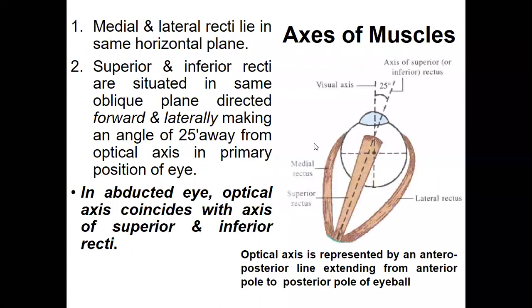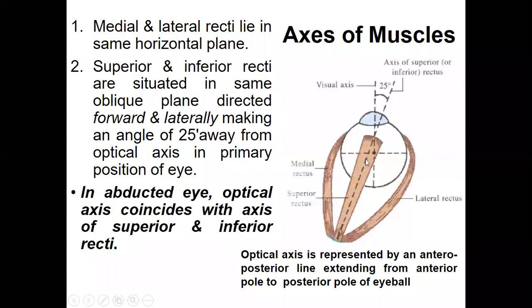So next, we come to the axis of muscle in comparison with the visual axis. So this one is medial rectus, this one is lateral rectus. These two recti lie in the same horizontal plane.